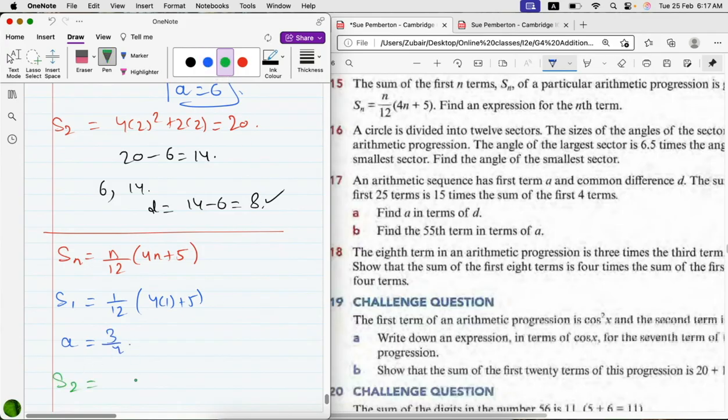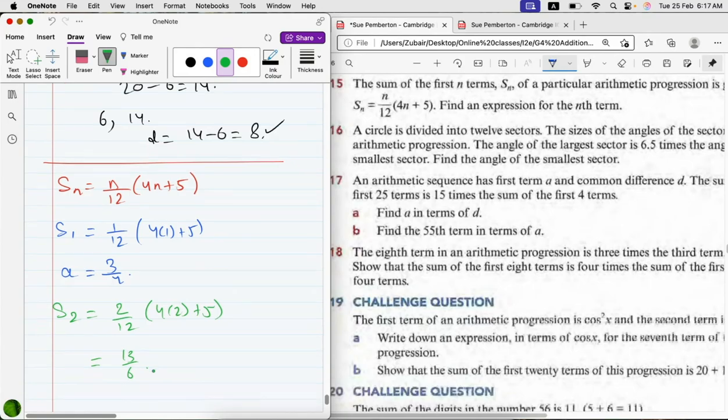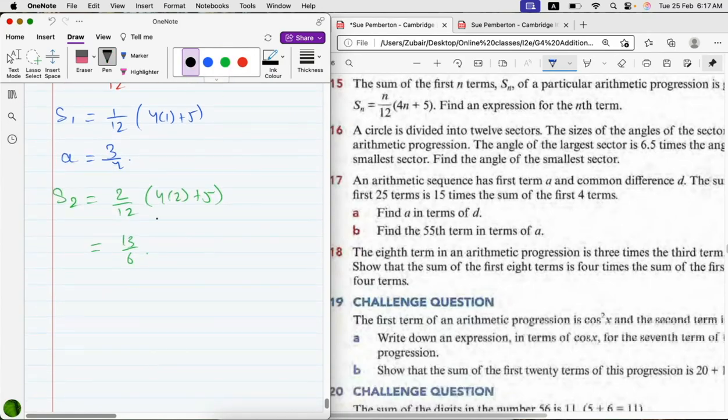Similarly, sum of first two terms is 2 over 12, 4 into 2 plus 5. 4 2 is 8, 8 plus 5 is 13. 13 into 2 divided by 12 is 13 by 6. Now 13 by 6 is sum of first two terms.